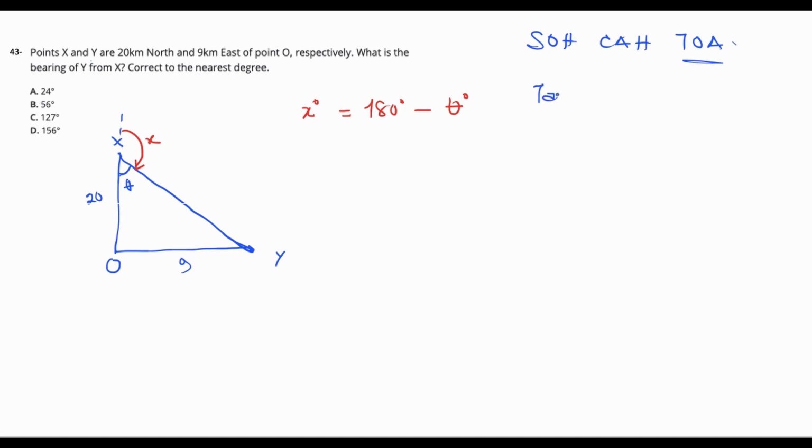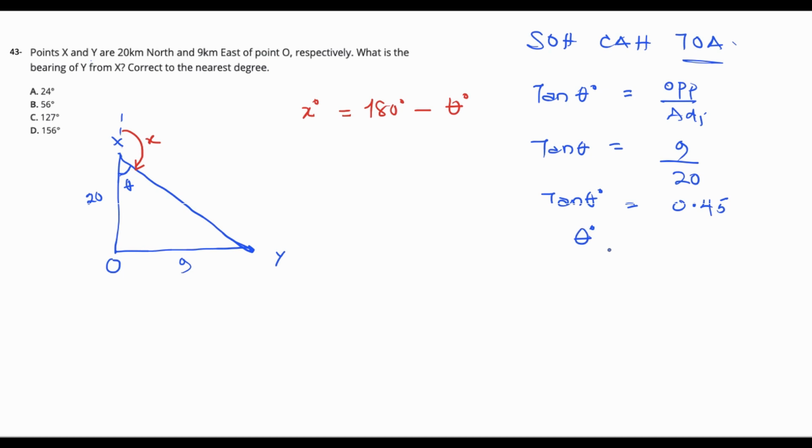So tan theta is equal to the opposite over the adjacent, which means tan theta is equal to 9 divided by 20. So that means tan theta is equal to 9 over 20, which is 0.45.